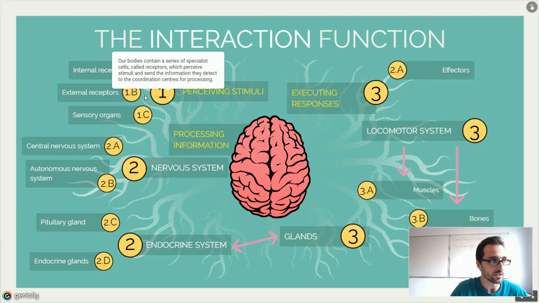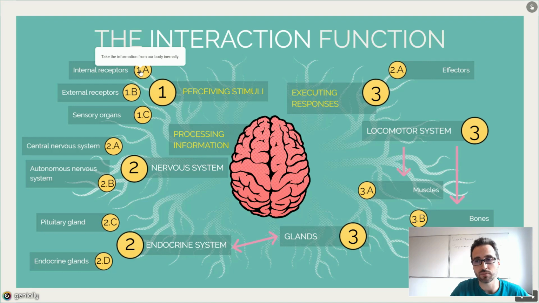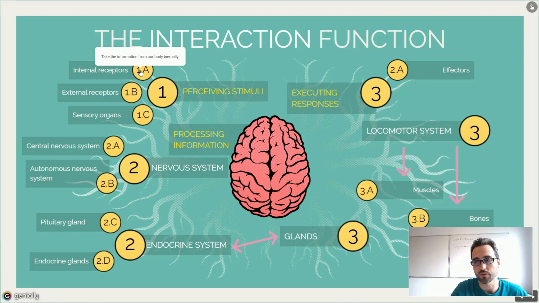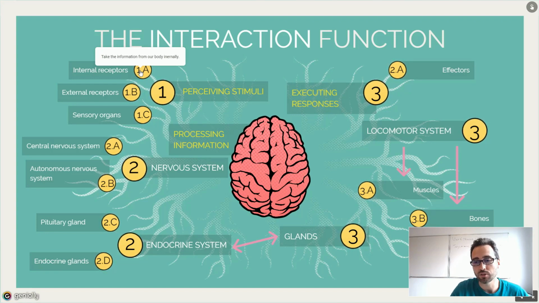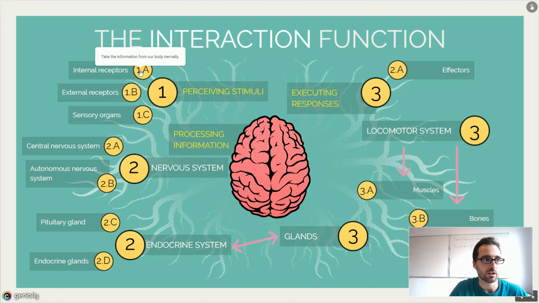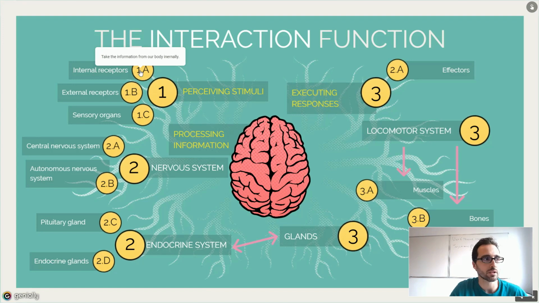Okay, so remember that we've got internal receptors that give us the data about the temperature of our body, the blood pressure, the heart rate, these kinds of things, the amount of carbon dioxide in blood.